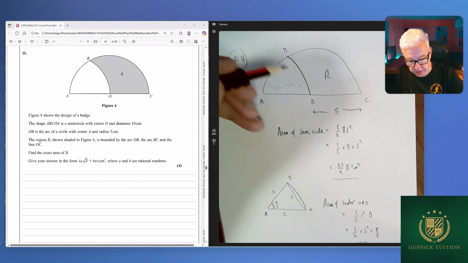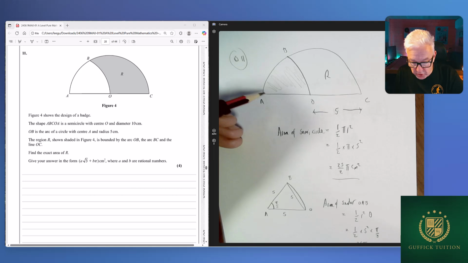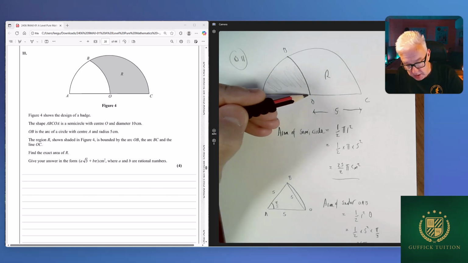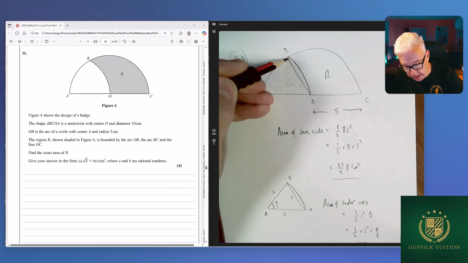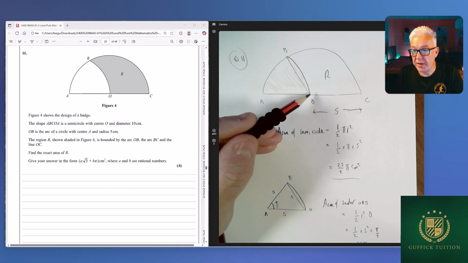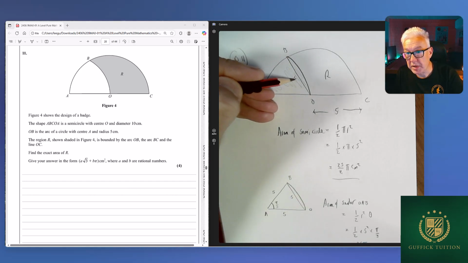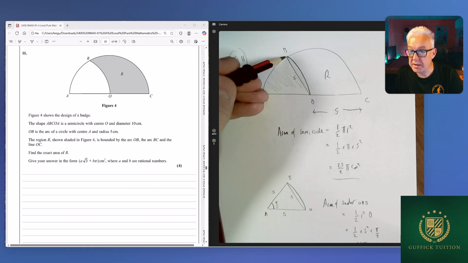Now let's think about this. The problem we've got is we don't know what's going on over here. So imagine we've got a line drawn there. I hope you would agree with me that that is going to be 5 because it's the radius of the semicircle.